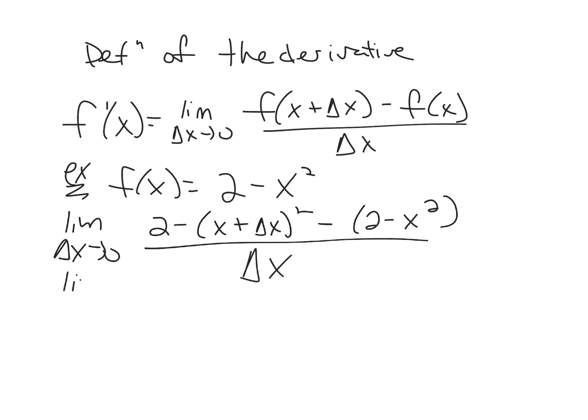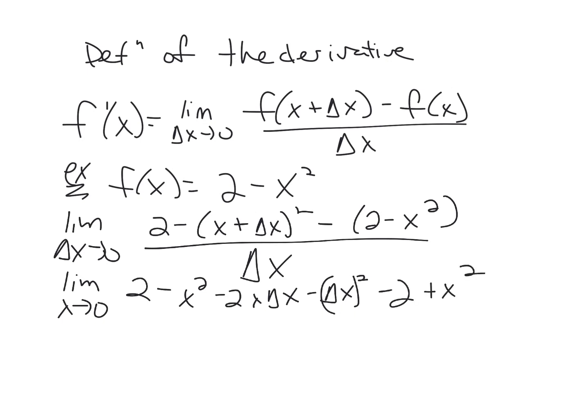We go to FOIL: 2 minus, distribute negative sign, negative x squared minus 2x change of x minus change of x squared minus 2 plus x squared all over change of x. I just distributed negative to both these terms after I FOILed; wait till after you FOIL, and then negative to both these, which is why it's negative 2 and x squared.